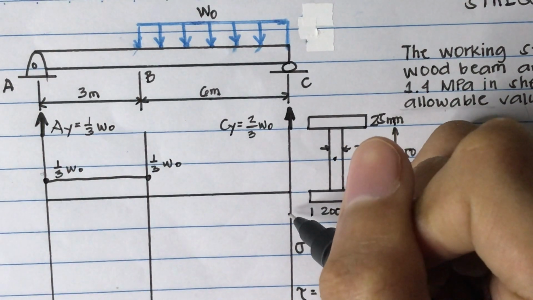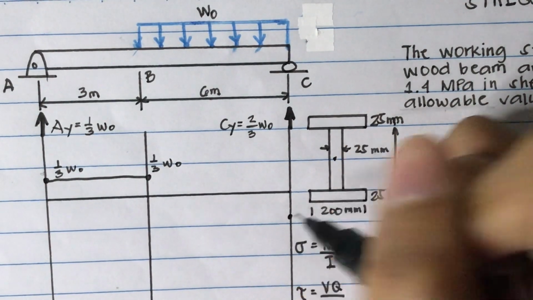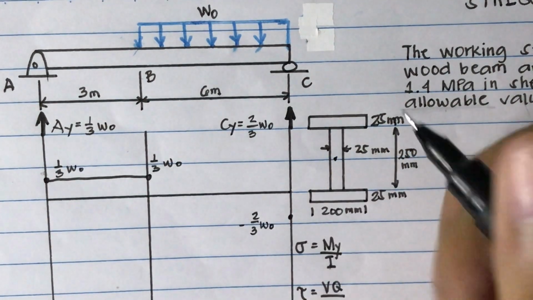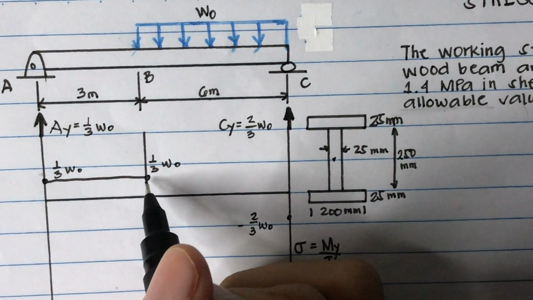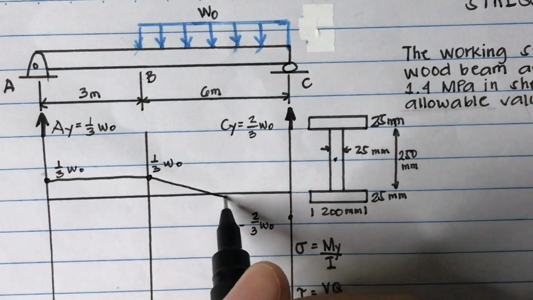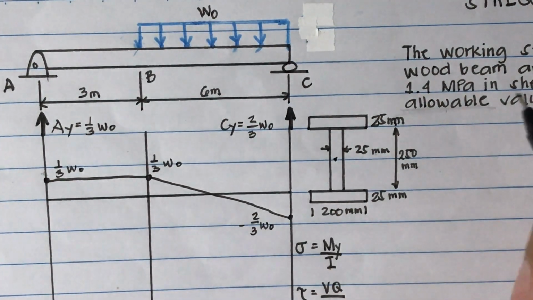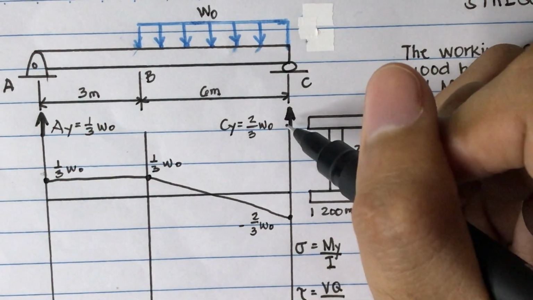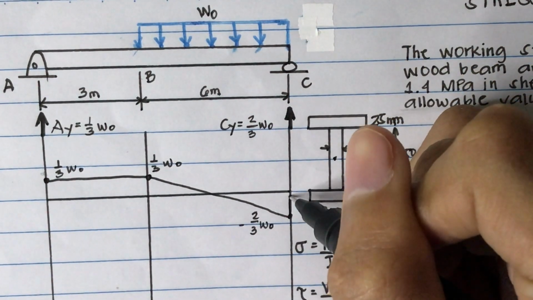So we have a straight line down to negative 2/3. For it to close, we have a force here of 2/3. So it closes.